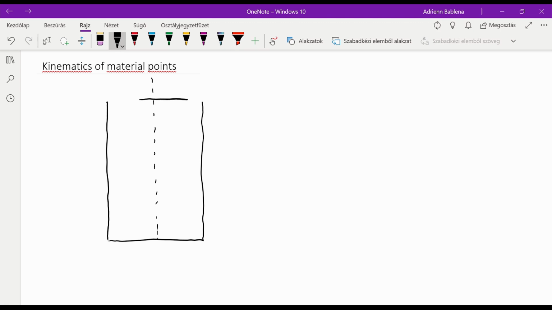And here is the X axis, and here is the Y axis. We have a material point in the origo here.